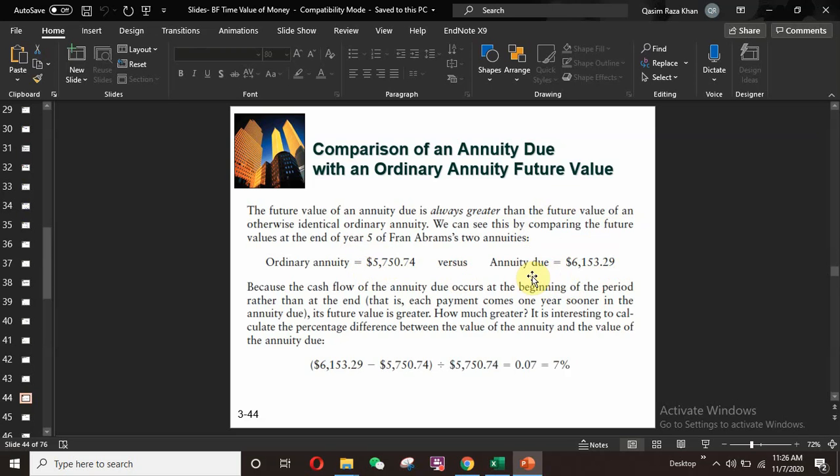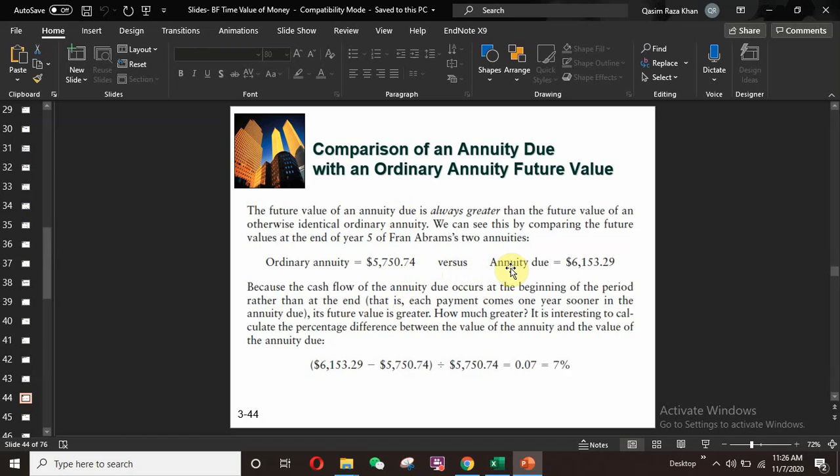So here we will learn why this method is generating more revenue. What is the reason behind this? Because the cash flow of the annuity due occurs at the beginning of the period rather than at the end, that is, each payment comes 1 year sooner in the annuity due, its future value is greater. So the main difference in both of these annuity systems is the timing of cash flows, the timing of deposits, the timing of payments.